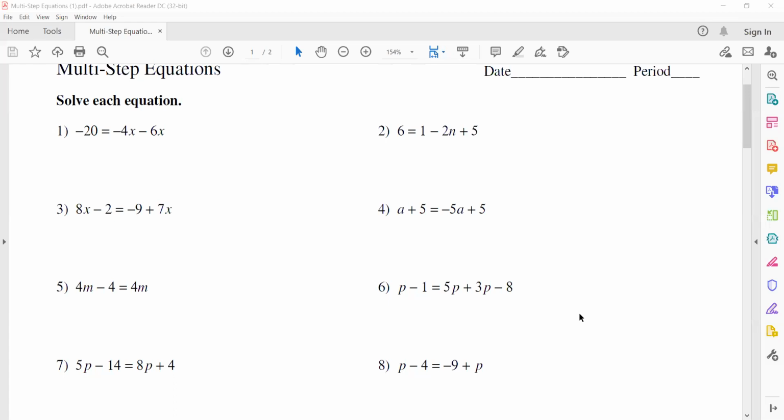But as far as its real meaning, it's not a solution because it's not true. -4 does not equal 0. So at that point, once I've evaluated my answer and realized this isn't true, then the next step is for me to say, okay, that means it's a no solution problem. And you could leave it like this, but what I'm hoping that you'll do is to actually write no solution.